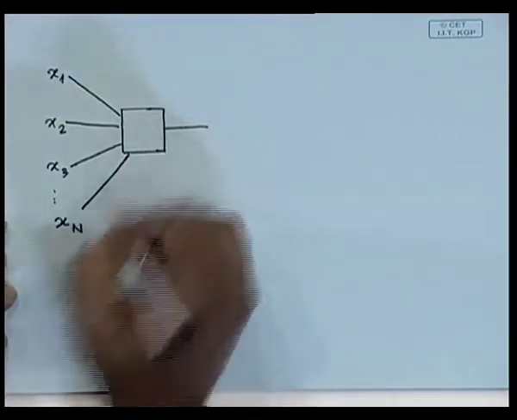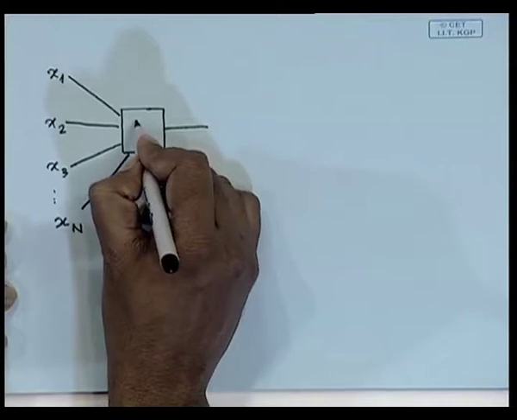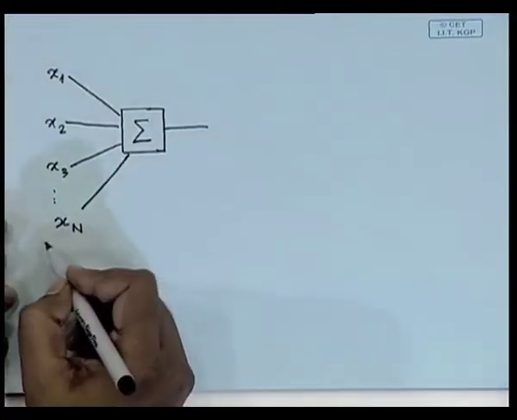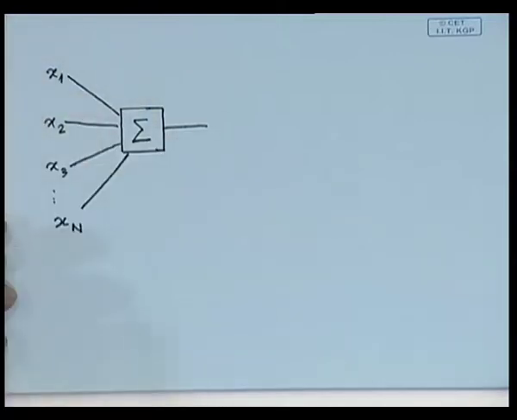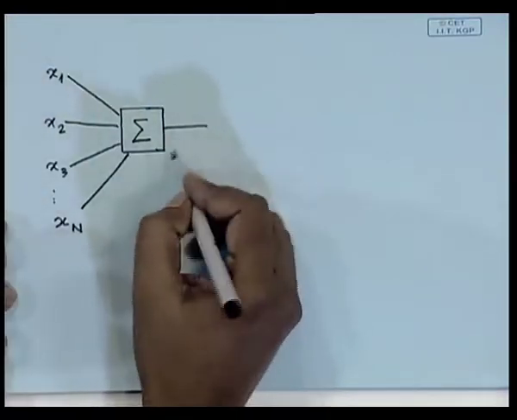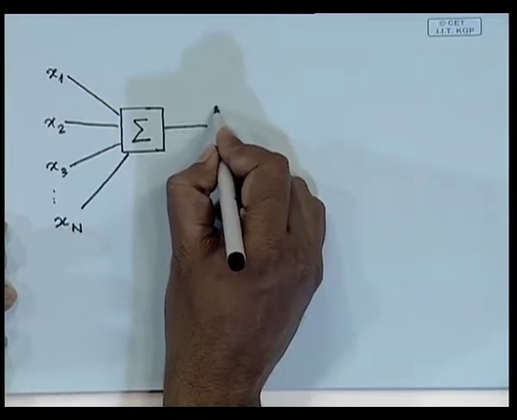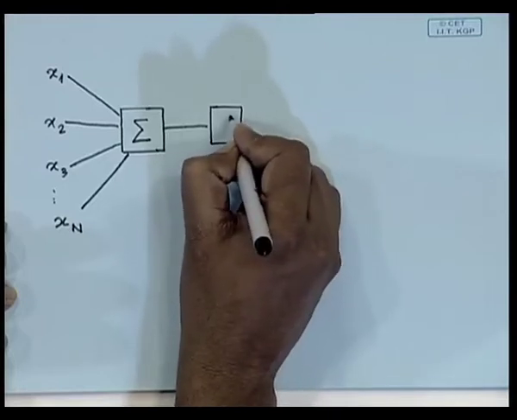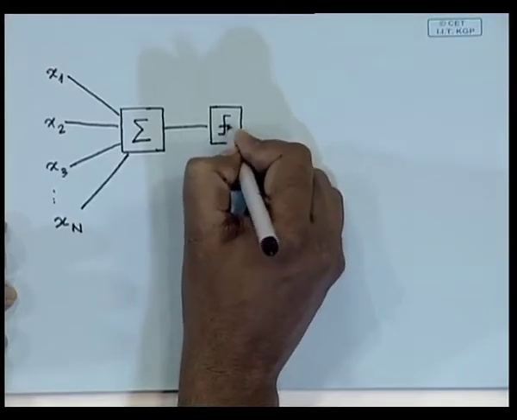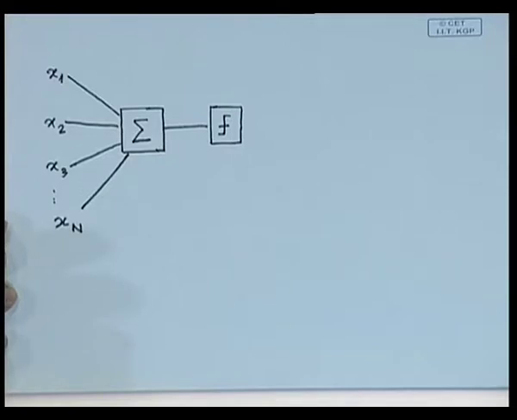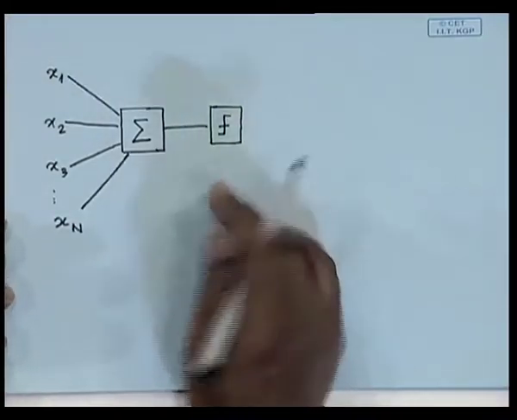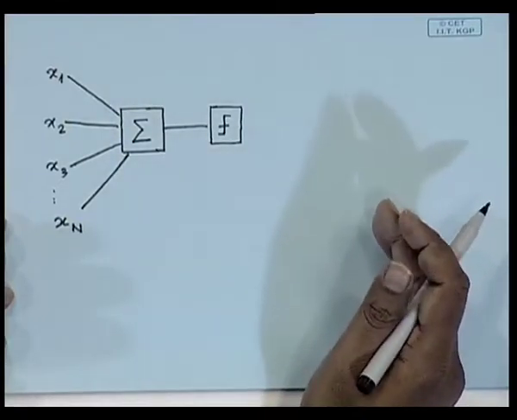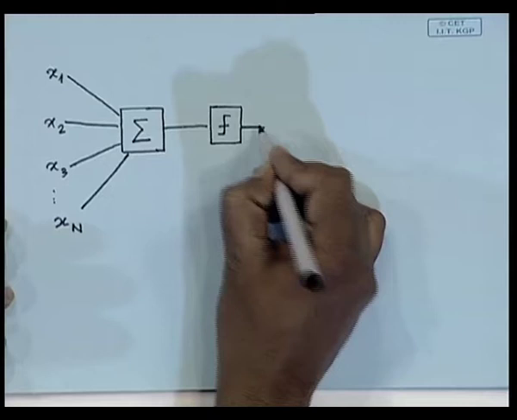Then this cell body performs a weighted summation of these different feature components, and the weighted sum is fed as an input to a nonlinear function. In most cases this nonlinear function is some sort of threshold function, or it may be a continuous nonlinear function as well. Different types of neural networks use different types of nonlinearity, and this is our output.